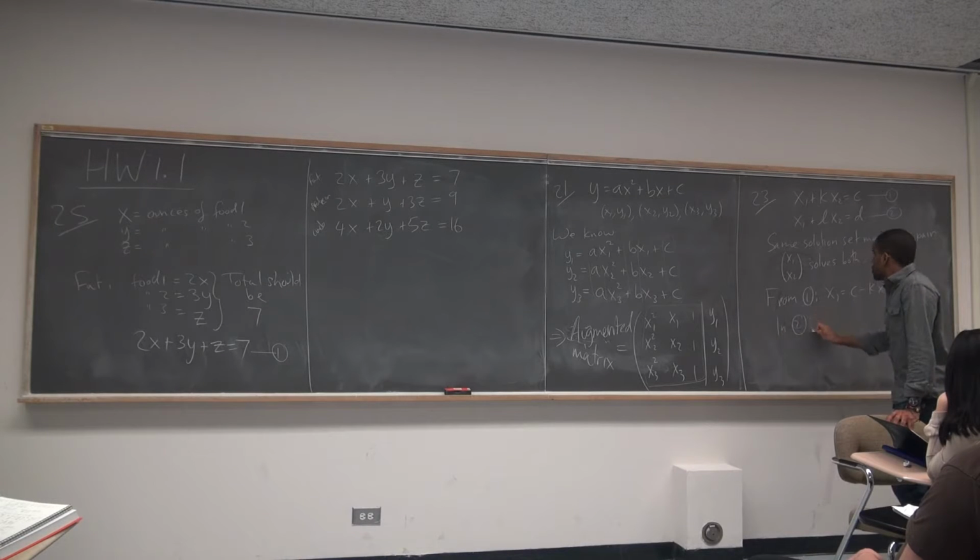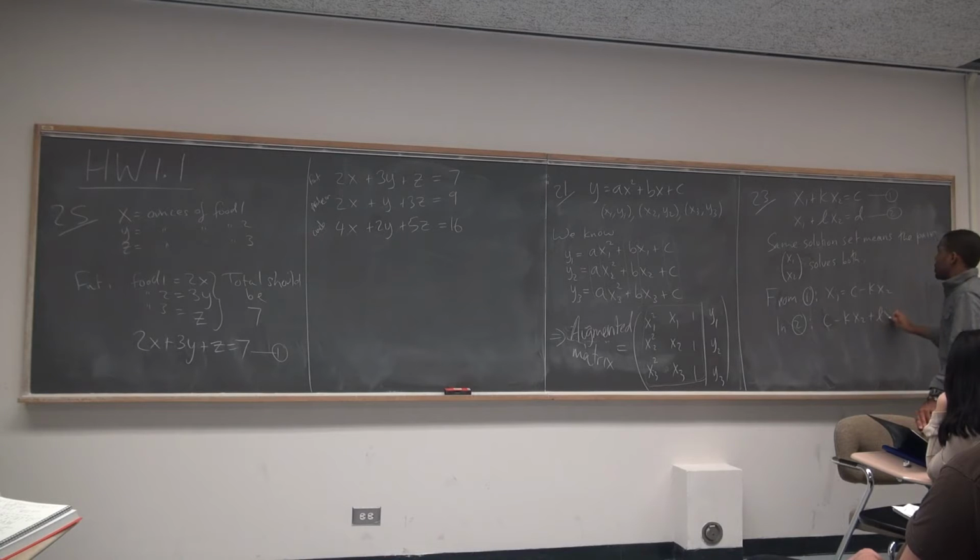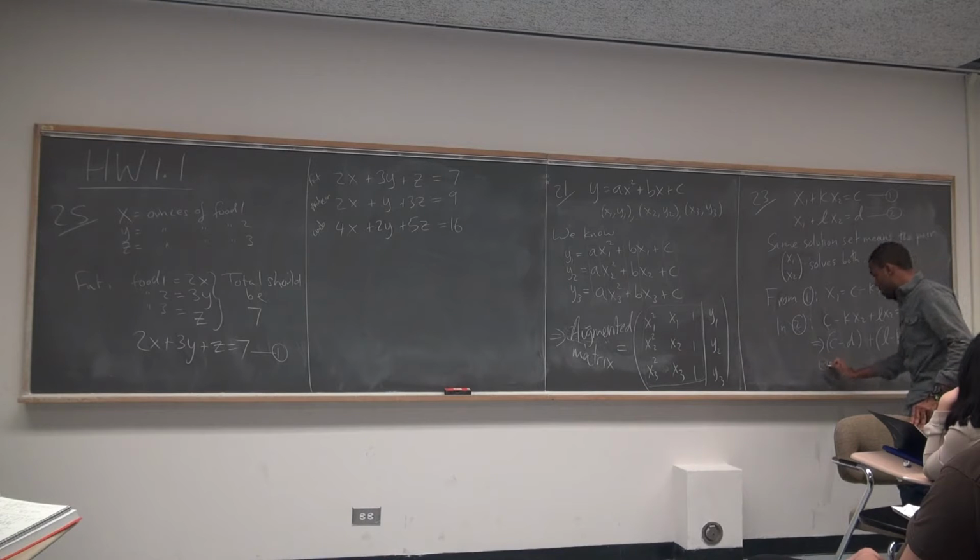Plug this in 2, then this becomes c minus kx2 plus lx2 equals d. I can rearrange this, I guess, c minus d plus L minus K x2 equals 0. And then equate coefficients of both sides.